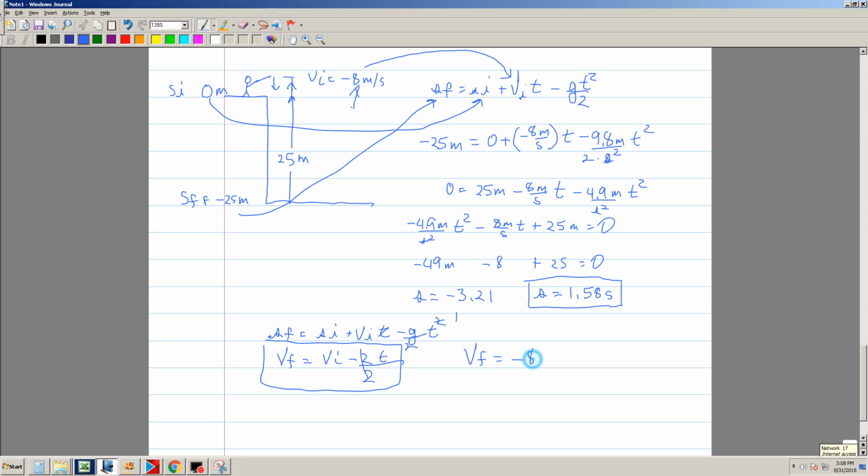So we're going to say negative 8 meters per second minus, oh, and there's g, 9.8 meters per second squared, and this is going to be 1.58 seconds.